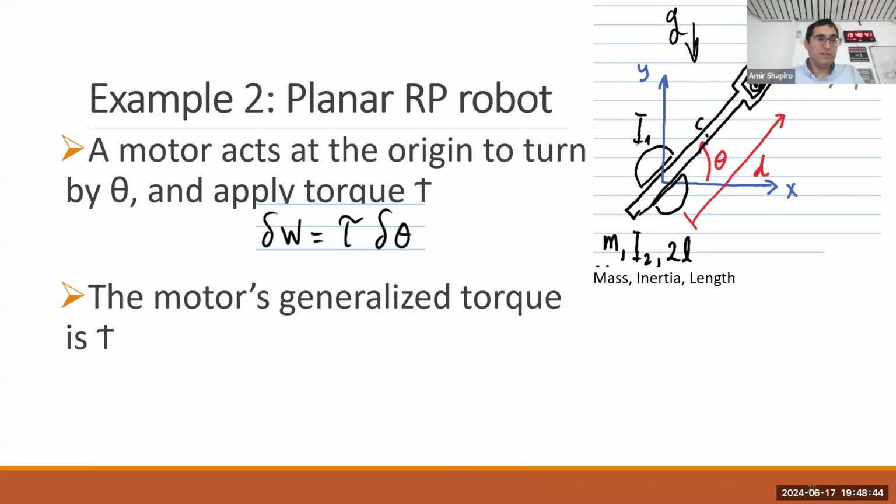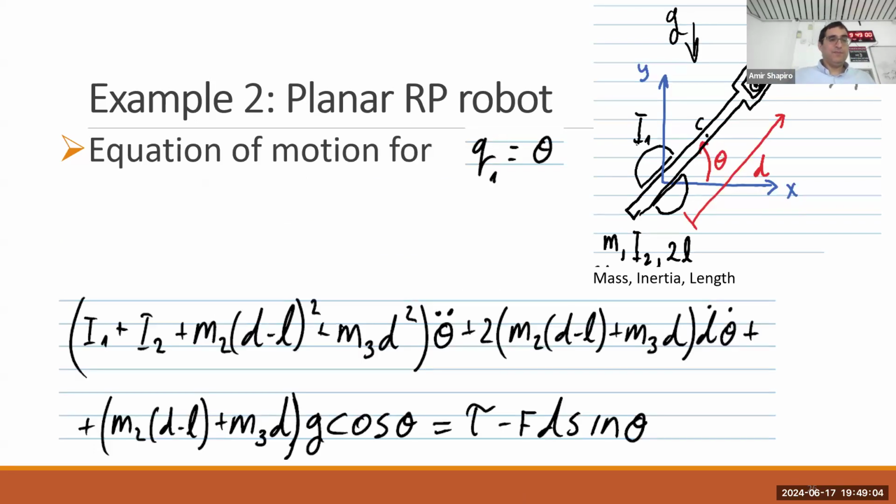And also we have the torque that the motor applies. So the motor generalized torque is tau, because it's tau δθ. So for the first equation of motion, we get all of these. This is the part of d/dt ∂L/∂θ̇, all this.